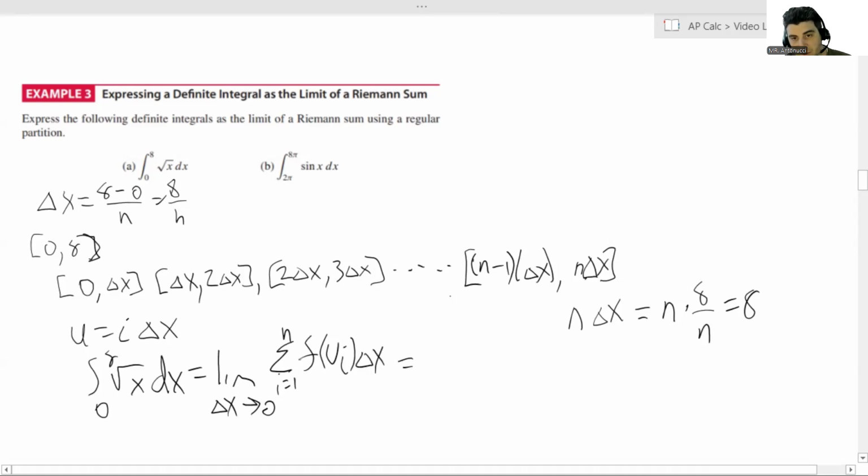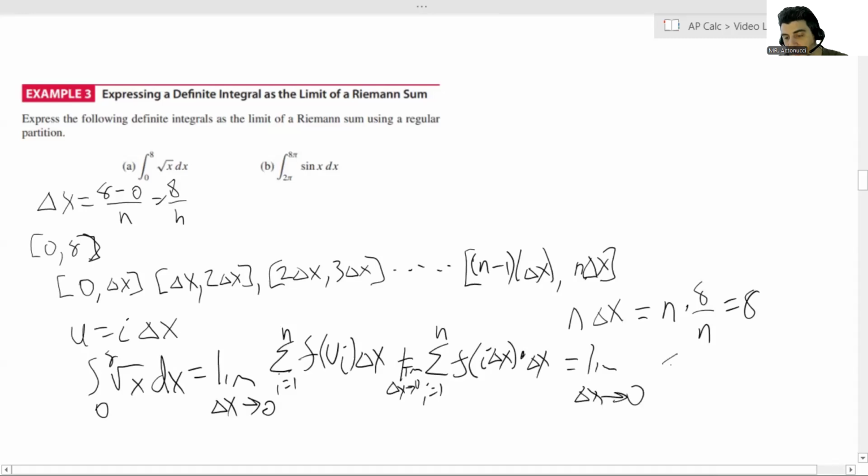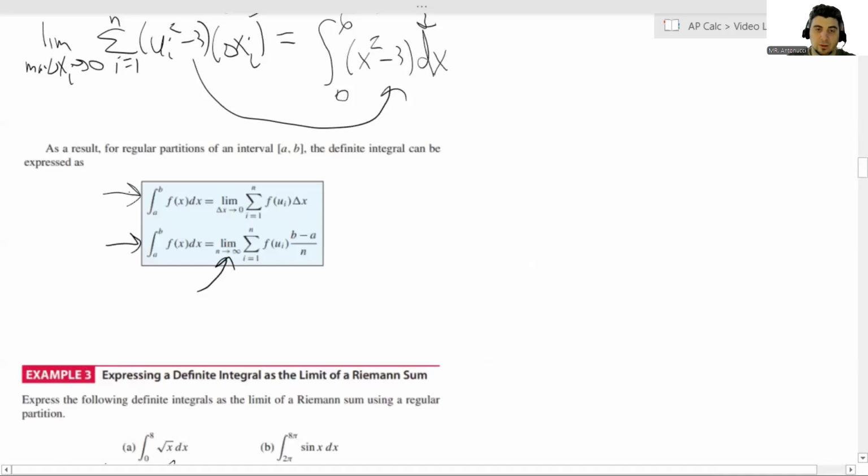Oh, forgot the limit as delta x approaches 0. Which in this case is the limit as delta x approaches 0 of f of i delta x times delta x, which is the limit as delta x approaches 0 of the sum i equals 1 to n of the square root of i delta x, times delta x.